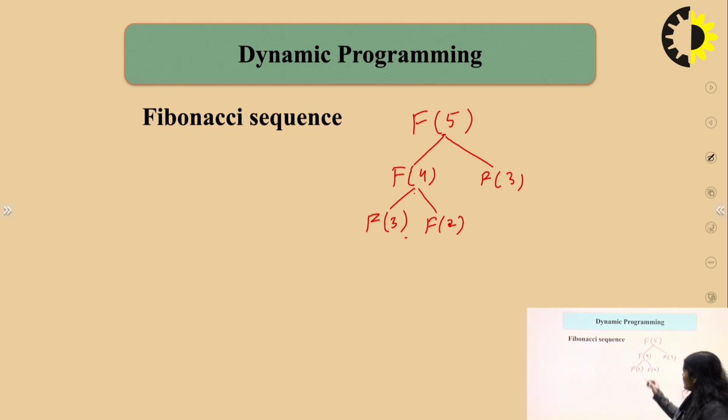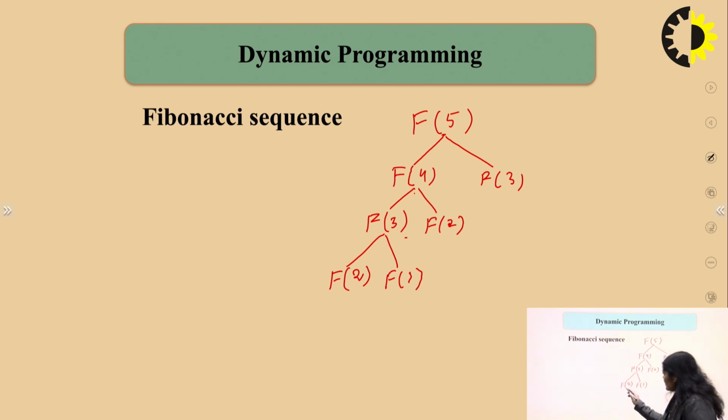Similarly, for F3, I do not know the solution for F3 and F2, so I again need to find out the solution recursively and look at the previous term solutions. So for F3, it will be F2 that I need to compute, then I need to compute F1, right? And similarly, again for F2, I need to first seek the solution for F1 and F0, right?